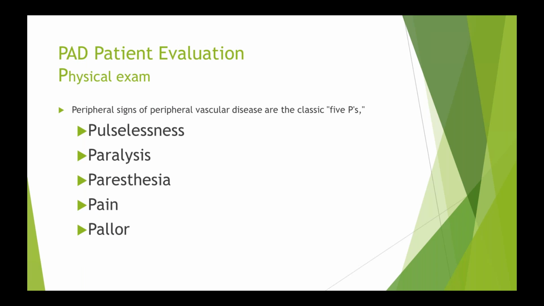Physical examination: a systematic examination of the peripheral vasculature is critical for proper evaluation of patients with peripheral arterial disease. Peripheral signs of peripheral vascular disease are the classic 5Ps, which include pulselessness, paralysis, paresthesias, pain, and pallor. It's very important to realize that paralysis and paresthesia suggest limb-threatening ischemia, and they require immediate intervention.